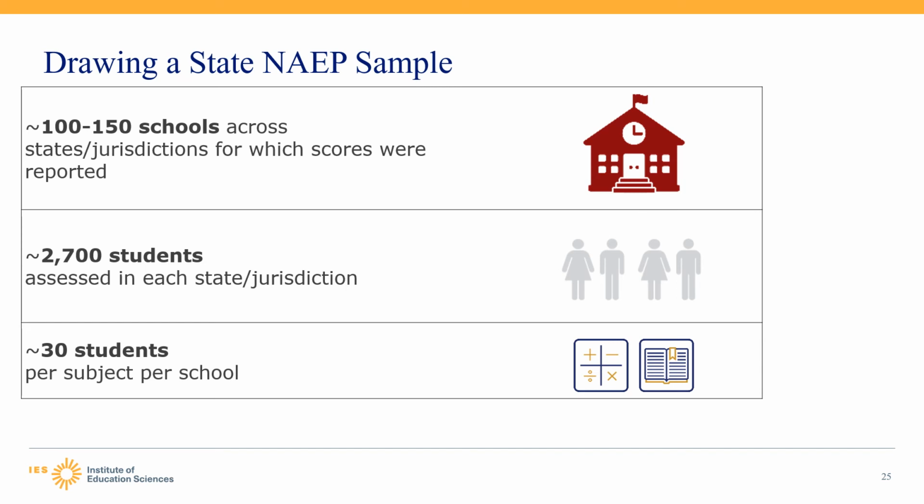Individual student demographics do not play a role in which students are selected to participate within a school. In each school, about an equal number of students are assessed in reading and mathematics. The preset number of students is about 30 students per subject per school. Within each school and grade to be assessed, students are chosen at random to participate in NAEP.